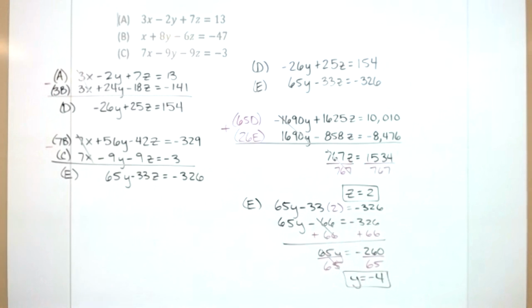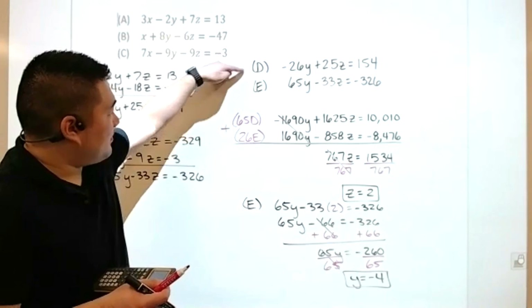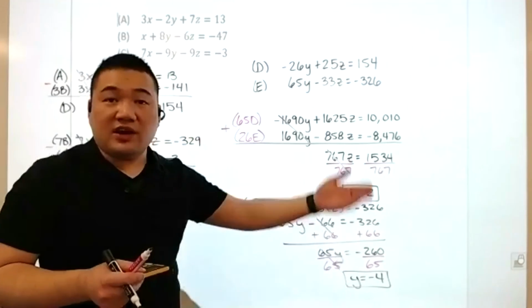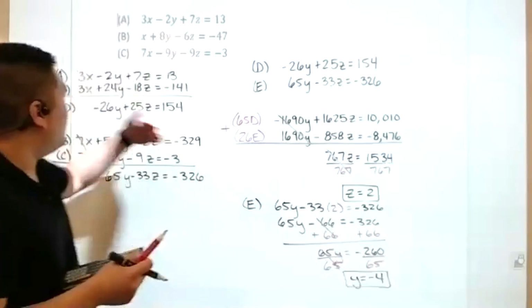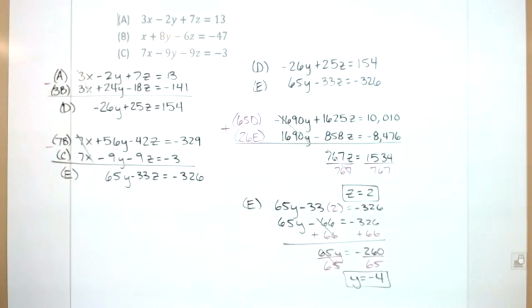All right, and I got that by plugging in z into equations D or E. I chose E. And I got y equals negative 4. So now I'm going to go another step back to equations A, B, and C. I'm going to pick one of those and plug in z and y. So let's just do equation A. That's fine.